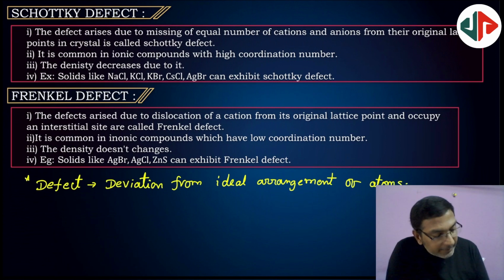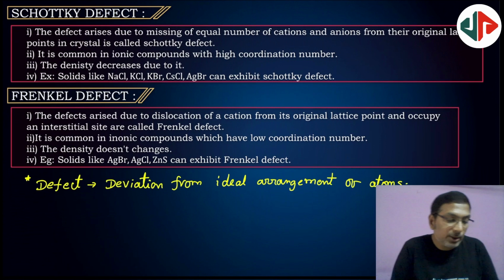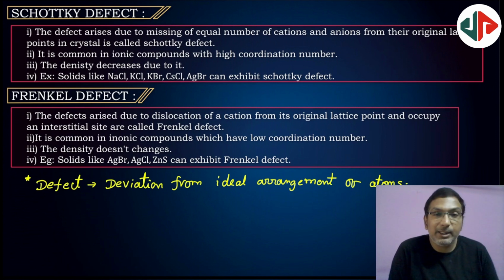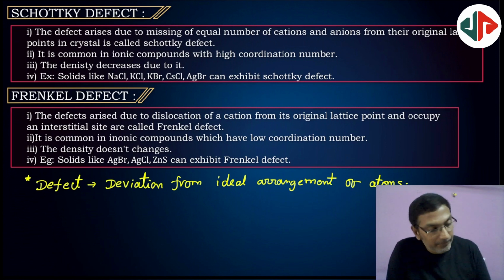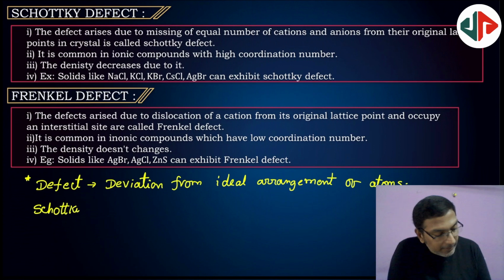That will be defect. So here Schottky defect and Frenkel defect are stoichiometric defects.